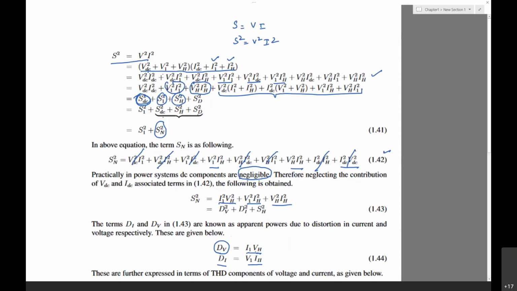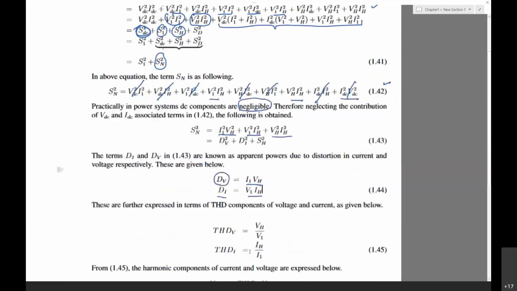These are the terms, the VH. When you look into this particular VH, we can express this as this equation. The THD in the voltage is equal to the harmonic RMS voltage by the fundamental voltage.